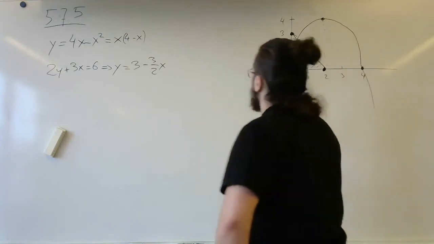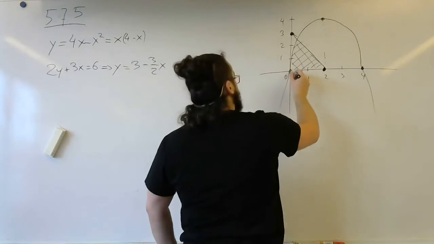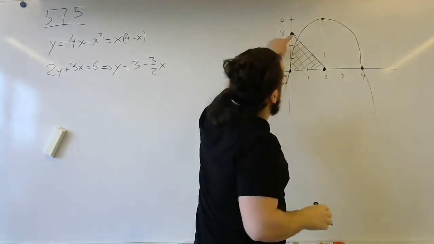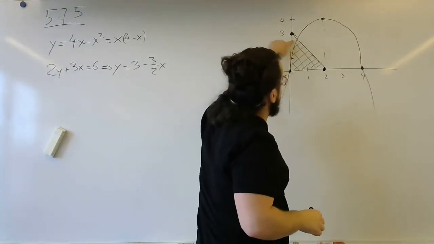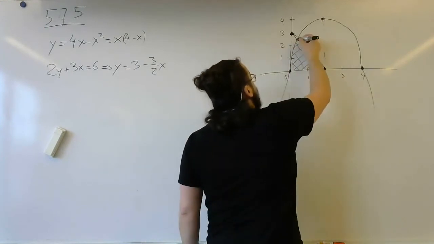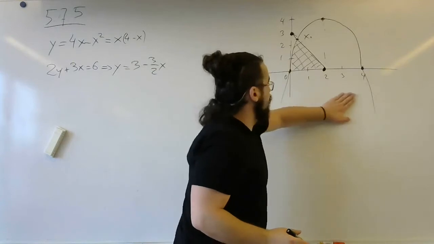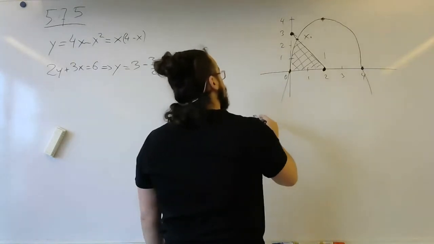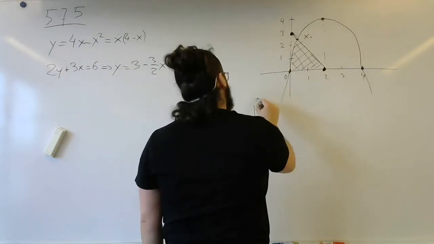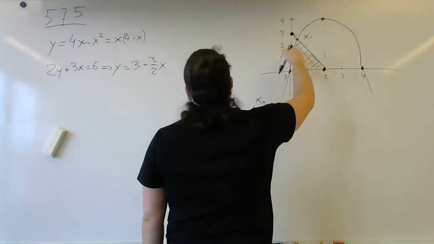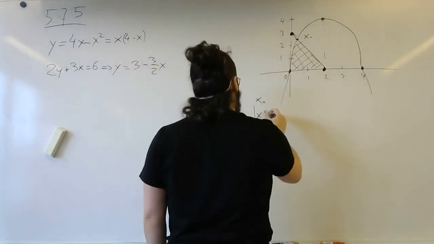Now, how do we model this? In order to model this, we have to consider that this part is not taken. So first of all, I'm going to calculate this point x0, because our area will be given by the integral between 0 and x0 of this function.